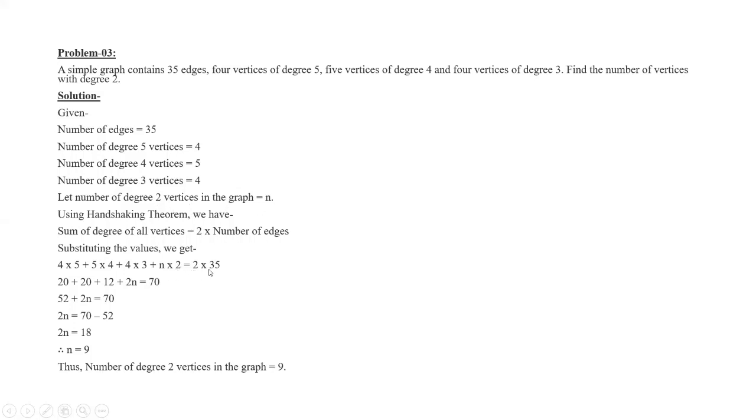That is equal to twice the number of edges, twice 35. So 20 plus 20 plus 12 plus 2n is equal to 70. So 52 plus 2n is equal to 70. So 2n is equal to 70 minus 52, that is, n is equal to 9. The number of vertices of degree 2 is 9.